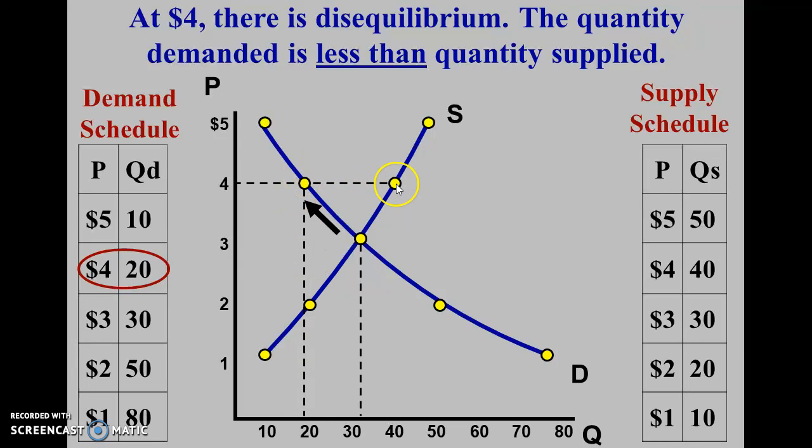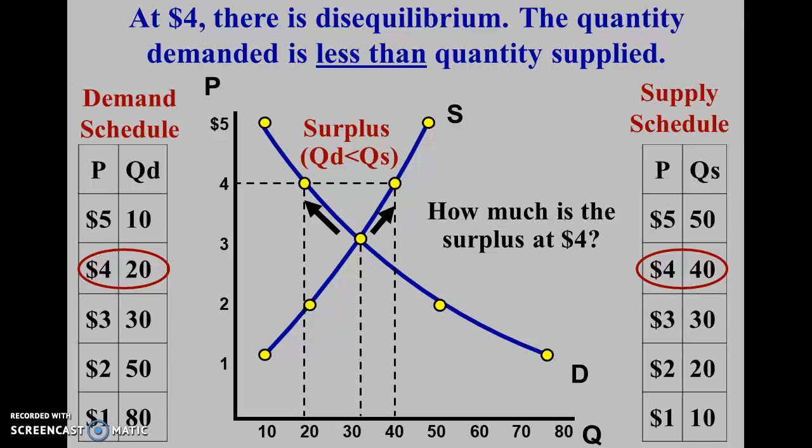But suppliers want to make a profit, so at $4 our quantity supplied is 40. Quantity supplied is greater than quantity demanded, and this is the size of our surplus. If I asked you to measure it, there are 20 extra of that item: quantity supplied is 40, quantity demanded is 20. What would you do to get rid of a surplus? You would lower the price.